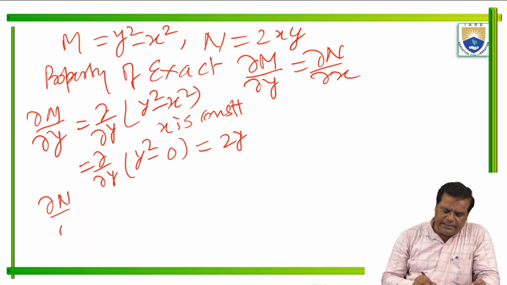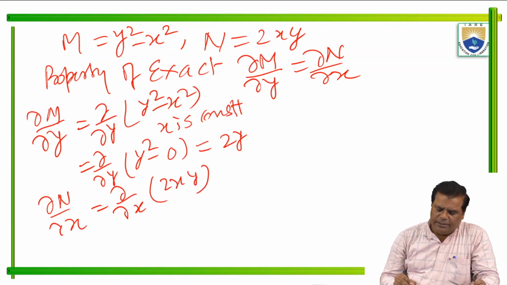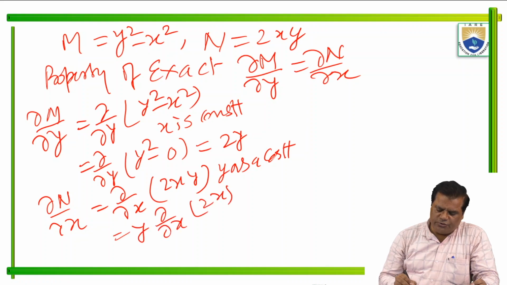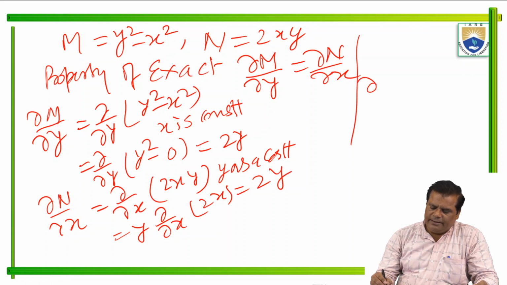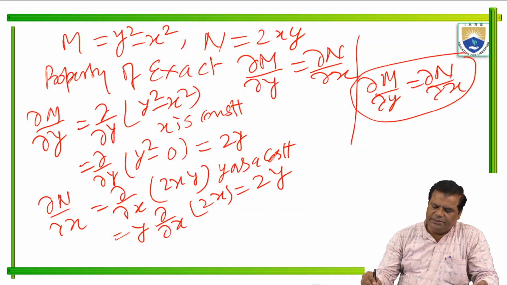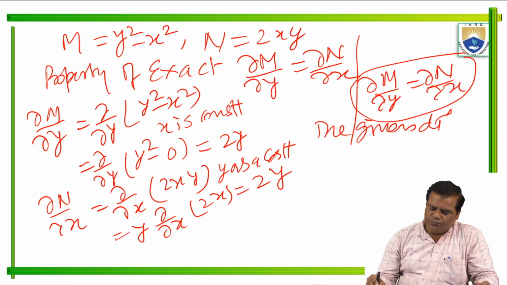And del N over del x of 2xy: here y is a constant with respect to x, so y times del over del x of 2x. The derivative of x is 1, so it is only 2y. So del M over del y equals del N over del x. This property is verified, so the given differential equation is exact.